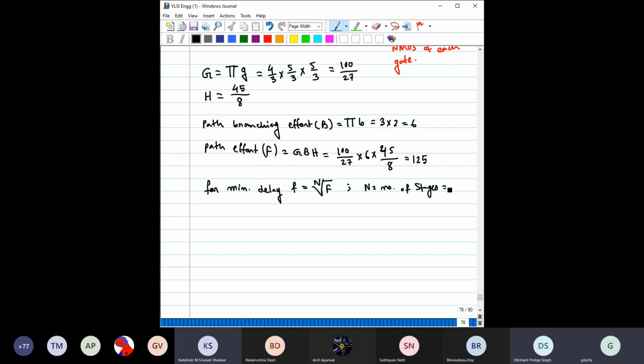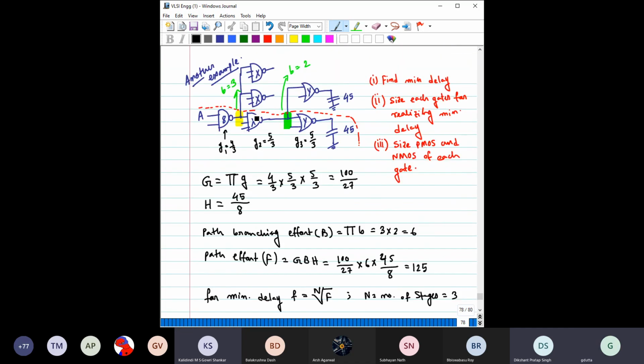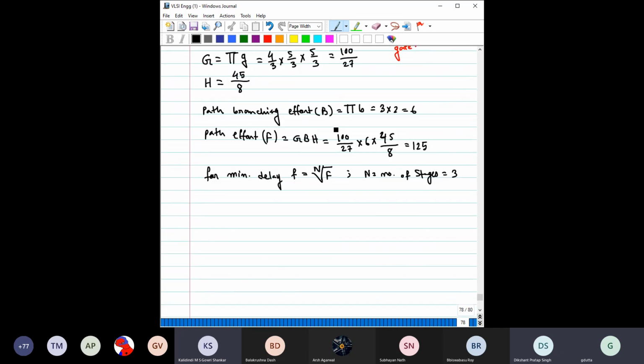And here, what is the number of stages? 3, right? You can see it here: 1, 2, 3. So this F value is the cube root of 125, which is basically 5.